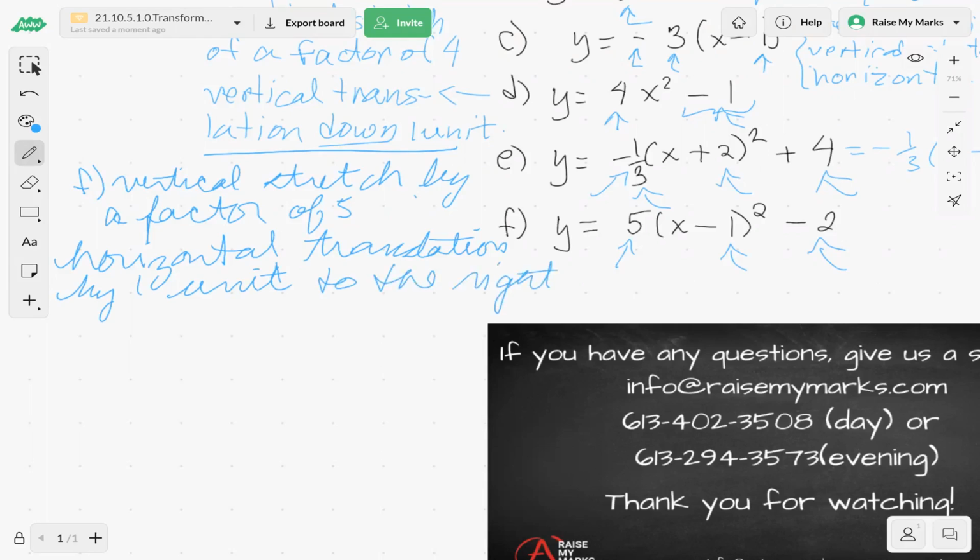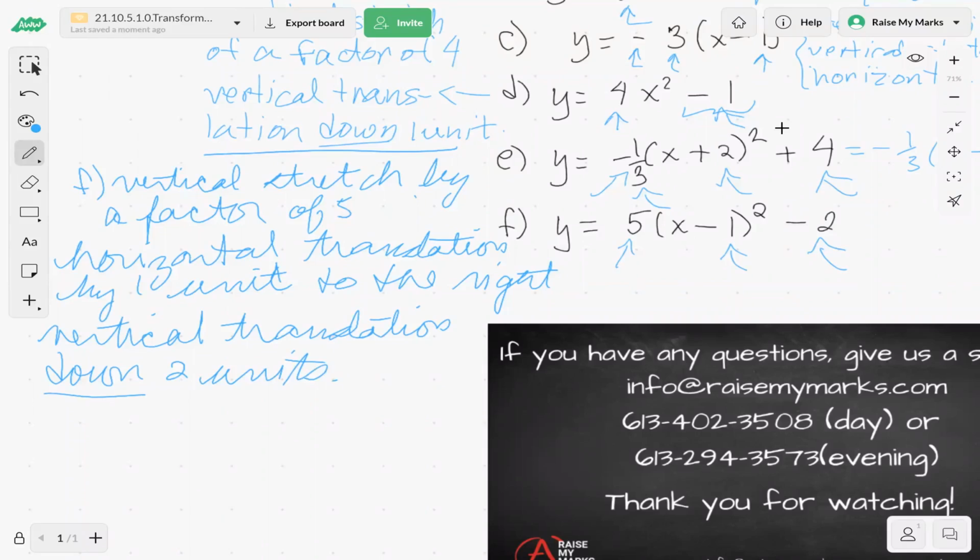And finally, vertical translation, down 2 units. It's down because it's negative. It's to the right because this is actually minus positive 1. And the vertical stretch is by a factor of 5.